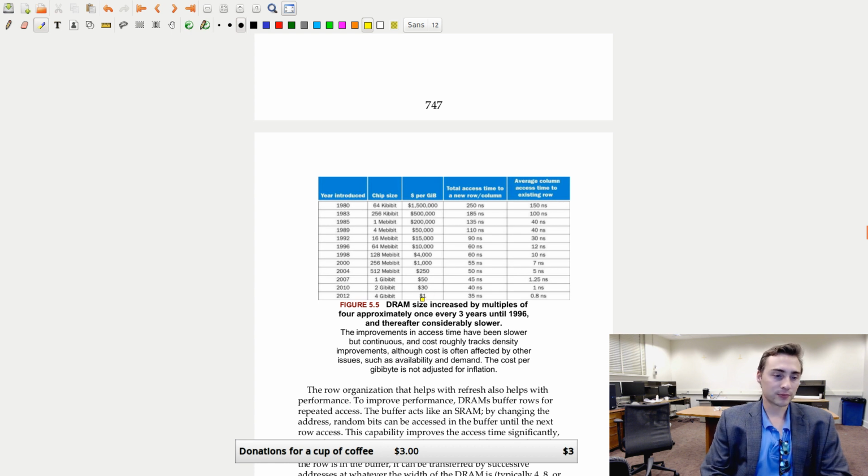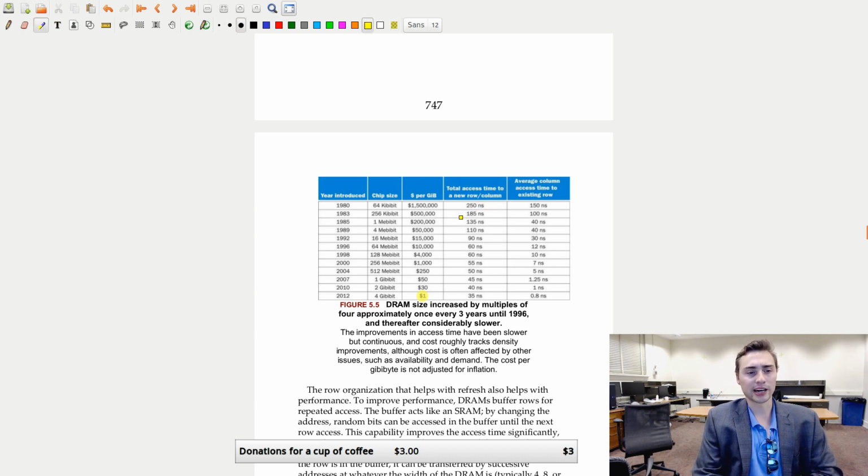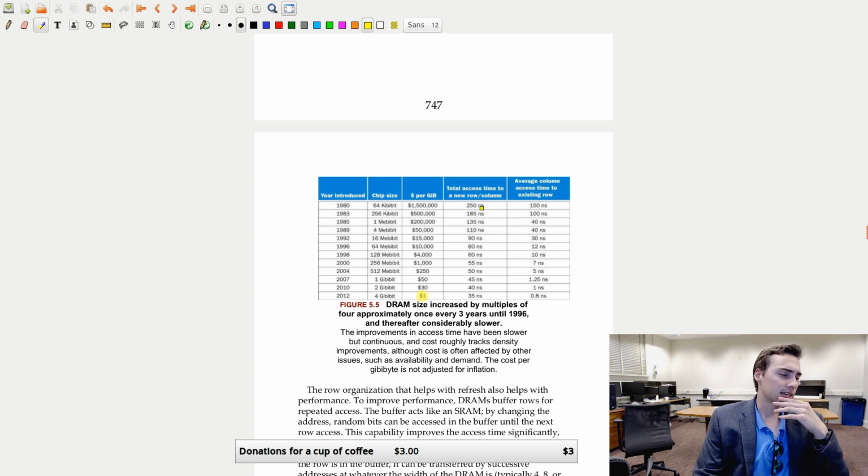Now, in 2012, we're down to $1. And we see that the access time has also gone down considerably. We went from 250 nanoseconds back in the 80s. So 1980, 1985, this was around the time CPUs started to get things like precise state and reorder buffers.